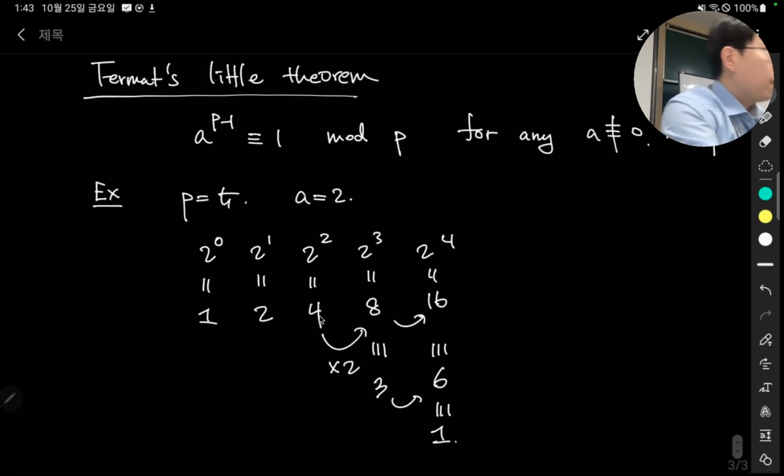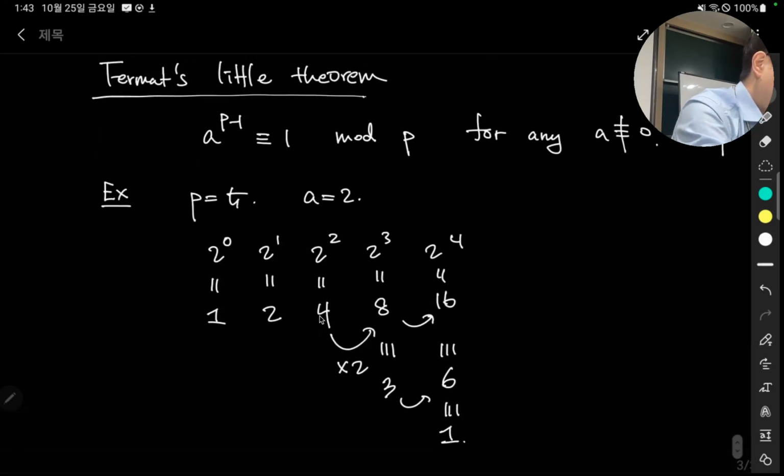Okay? So the reason why I'm telling you this is when you take the powers of a number, and what you want is just the modulo after dividing by a number, then you don't have to keep the actual number. Simply, you can take the modulo of the previous number and then take the multiple.